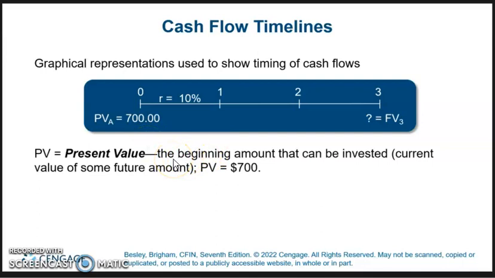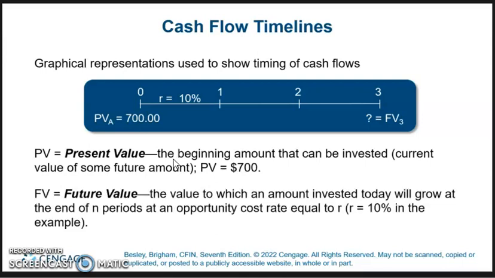Present value is the beginning amount that can be invested, so the current value of some future amount. In this case, our present value is $700. Future value is the value which an amount invested today will grow to at the end of some number of periods, at a rate of return, in this case equal to 10% in our example.